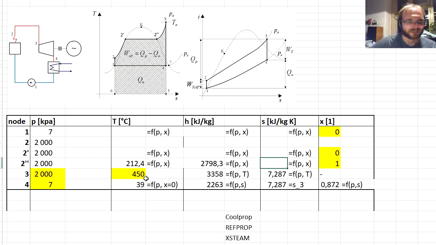Now let's see the point 2 prime, where, since it's a single component fluid, the boiling temperature is constant at constant pressure.